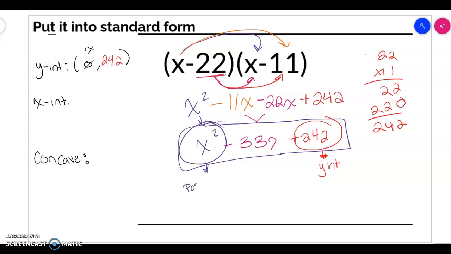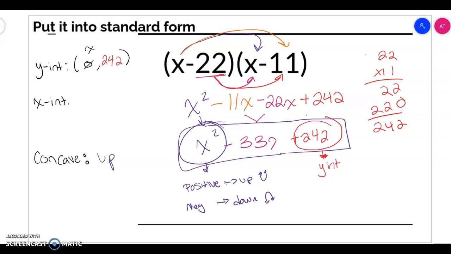If it's positive, it means it's concave up. If it's negative, it means it's going to concave down, meaning it's going to look like a sad face. So in this case, we have a concave up for this standard form.